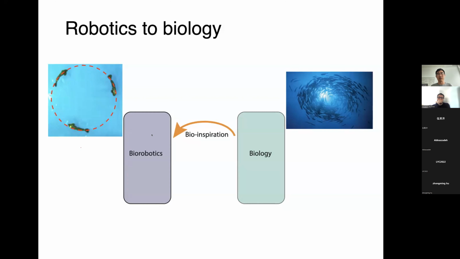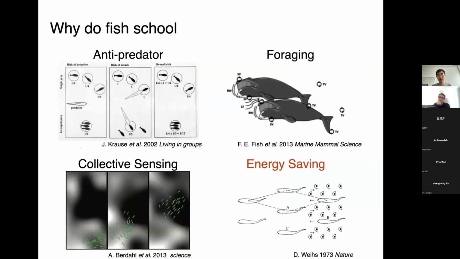Can we also do something for biological systems, which means can we use our pre-built robots to understand some biological questions that are potentially very hard to answer with traditional biological methods? So in the following, I will introduce 2 main projects I'm doing now using robots to understand animal behavior.